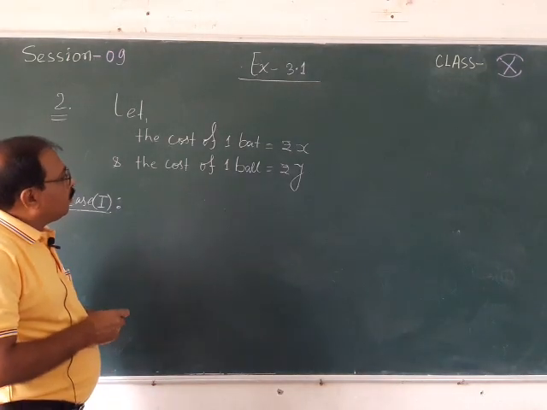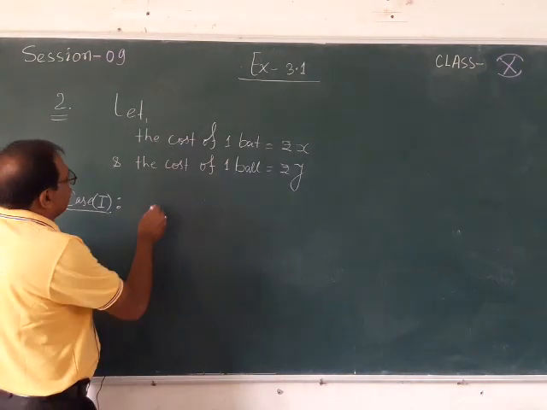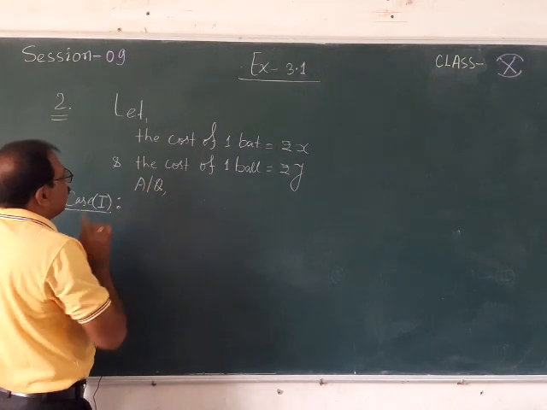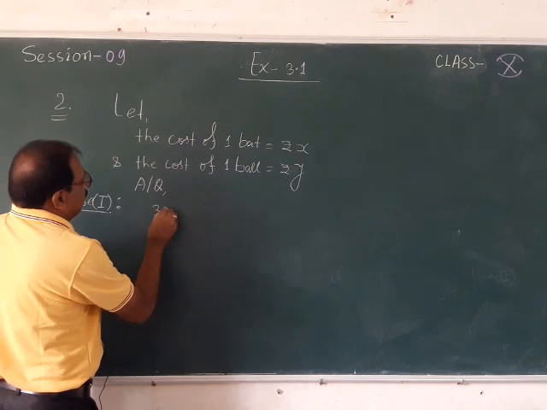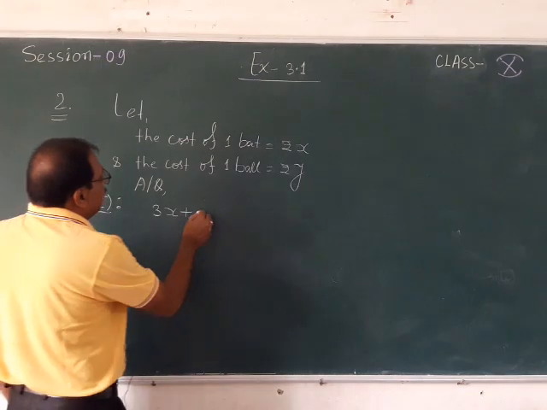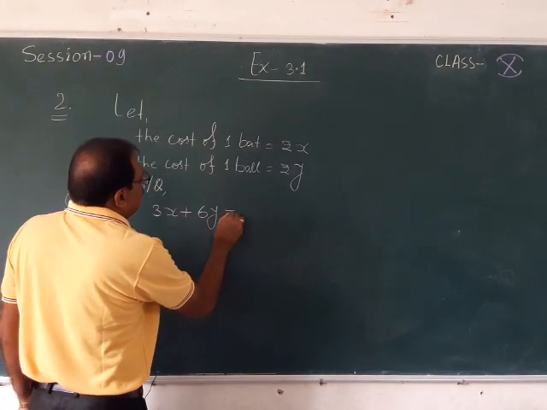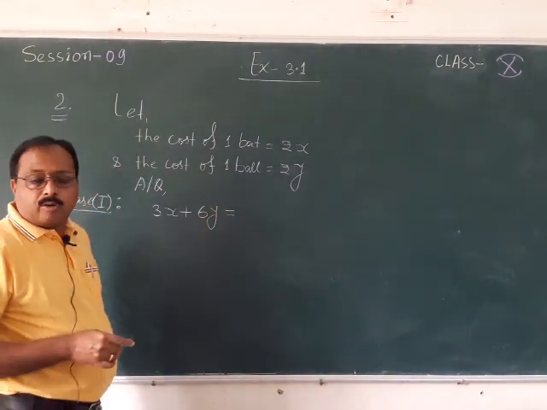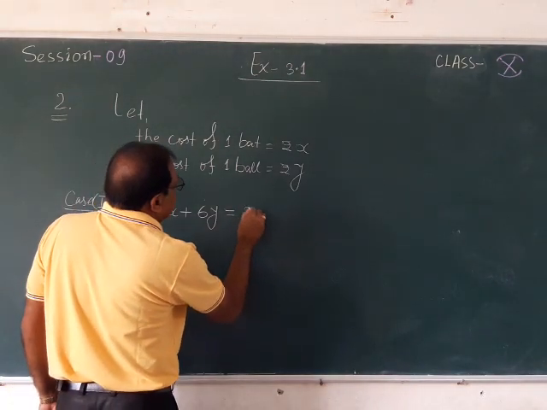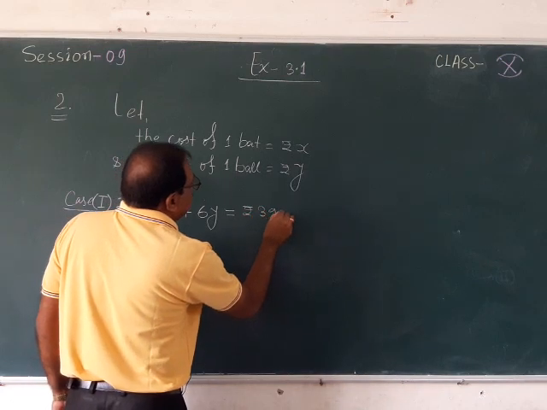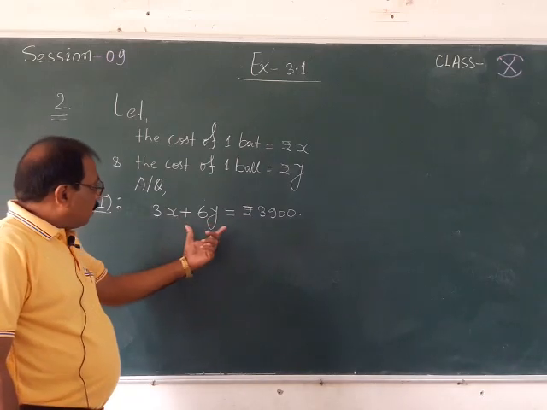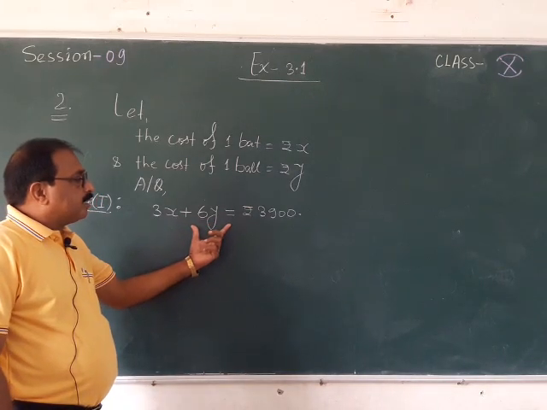That means the cost of 3 bats will be 3x, according to the question. And the number of balls is 6, that means it is 6y, and together the cost is rupees 3,900. So this is equation number 1. So the algebraic representation is already there.